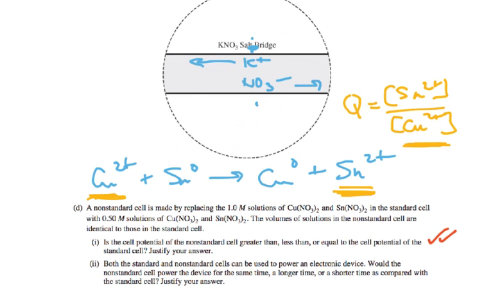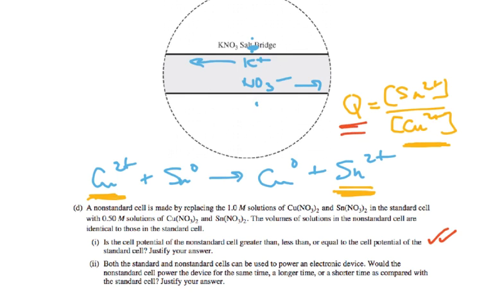Don't say that since these are the same, it's not going to shift to the right or shift to the left. This is not a system at equilibrium. An equilibrium battery is a dead battery, and this is not a dead battery. So don't talk about shifting to the right or shifting to the left. Sometimes if you think about it that way, like in a multiple choice question, it'll give you the right answer, but that's not the right reason.